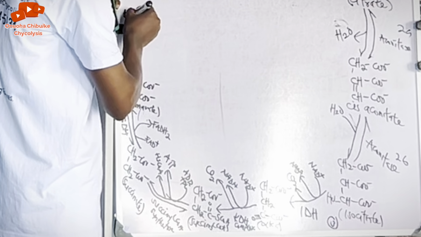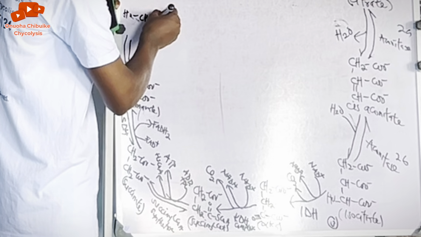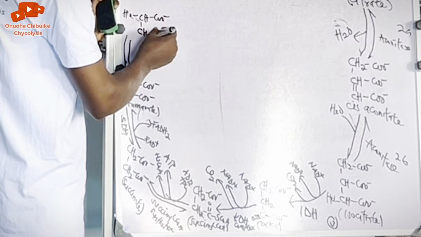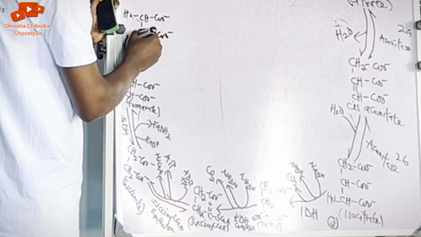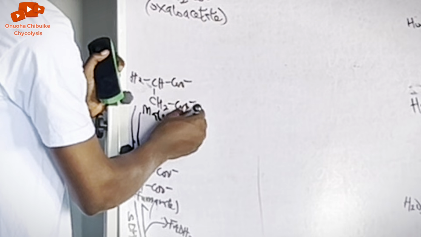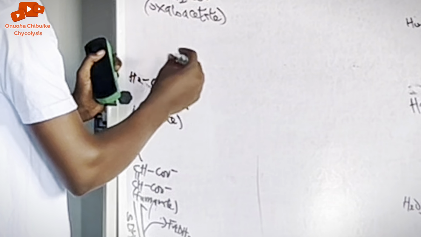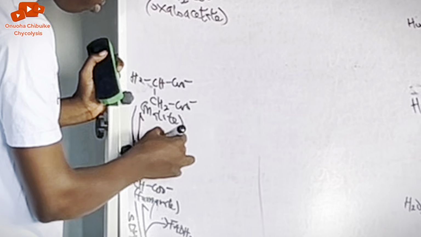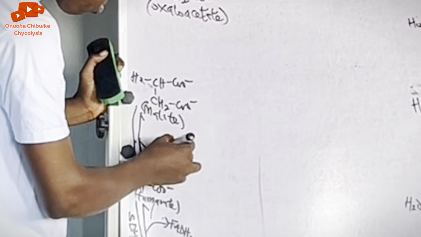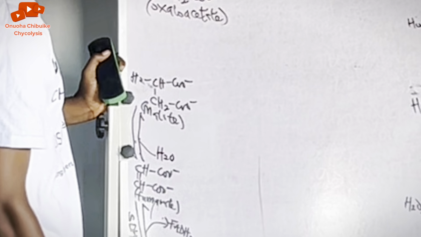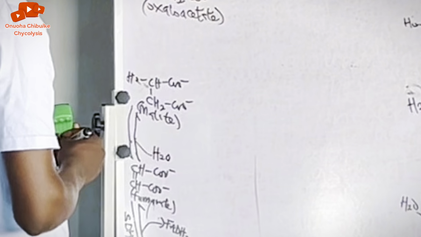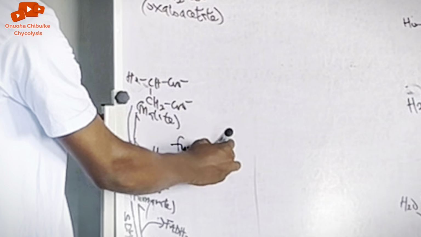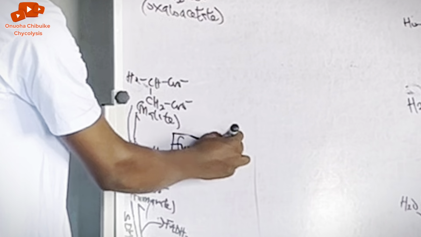The instructions are simple, you just have to learn it. So hydration is the addition of water, right? And the enzyme is fumarase. Fumarase is the name of the enzyme.